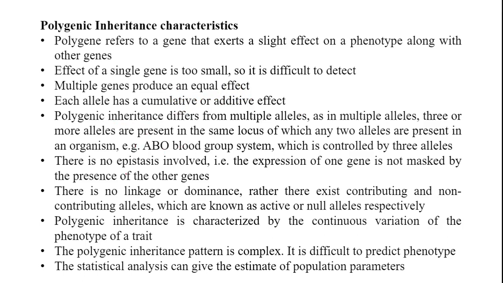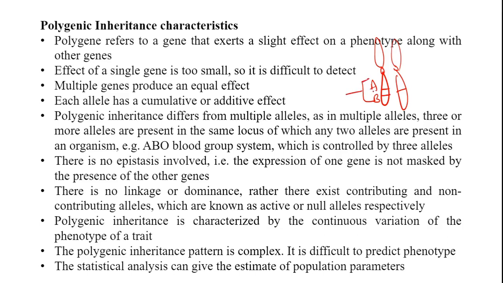One more point is that there is no linkage and dominance. As I said earlier, each gene contribution is equal, so there is no dominant allele or recessive allele in these genic interactions. One more thing is no linkage. Linkage is only present in allelic gene interactions, where alleles are the alternative forms of genes mainly present in a homologous pair.